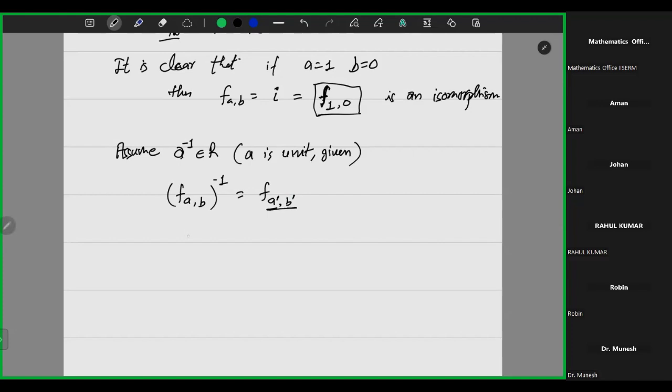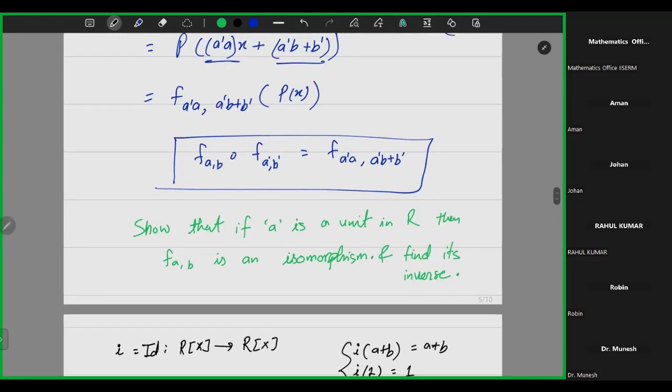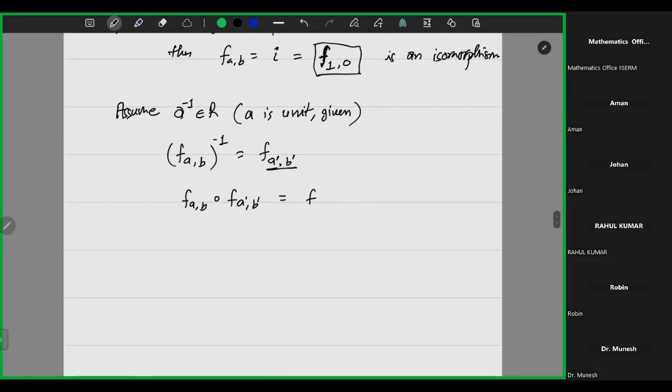Okay, so we have already calculated this, f_{a,b} composed with f_{a',b'}. This is nothing but f_{a'a, a'b+b'}.